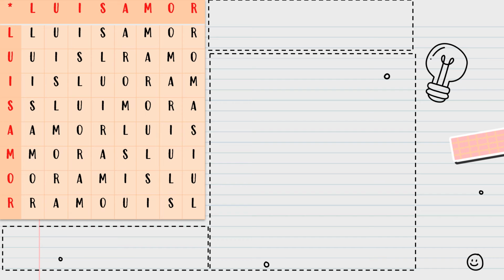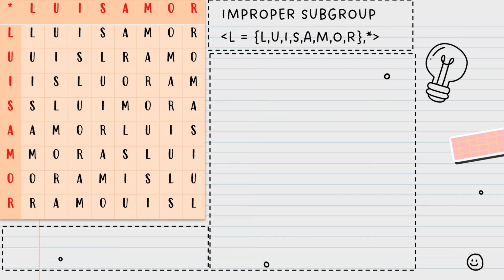Next is to classify the subgroups into improper, proper, and trivial subgroups. The improper subgroup is L equals {L, U, I, S, A, M, O, R} with star.